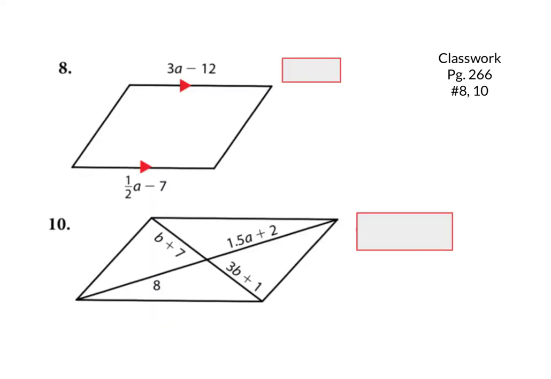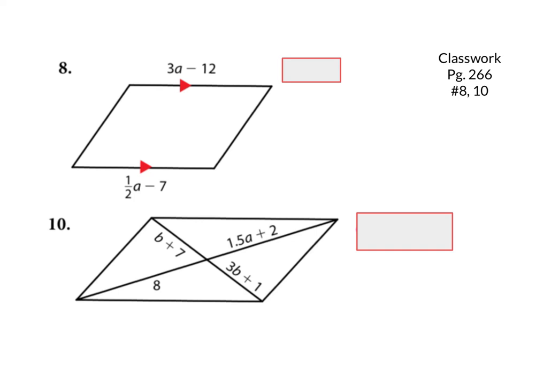Instructions, the first set of instructions said this is a parallelogram. What is the value? This says what value would you have to have for it to be a parallelogram? The process is the same. In order to be a parallelogram, opposite sides must be congruent. You're going to set them equal and say this must be the value I'm looking for.